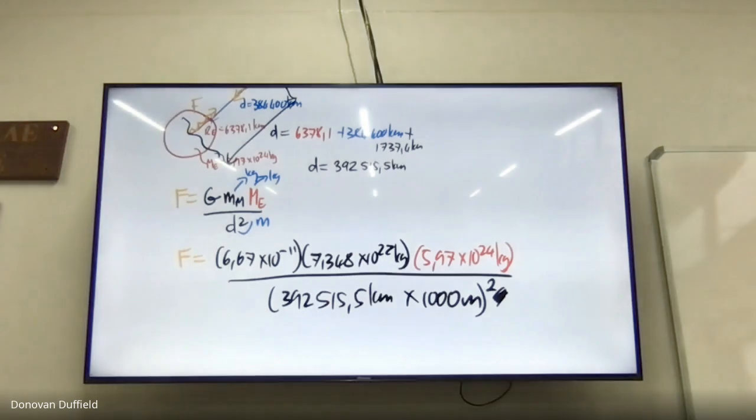And ladies and gentlemen, the force between the Earth and the Moon is significant.